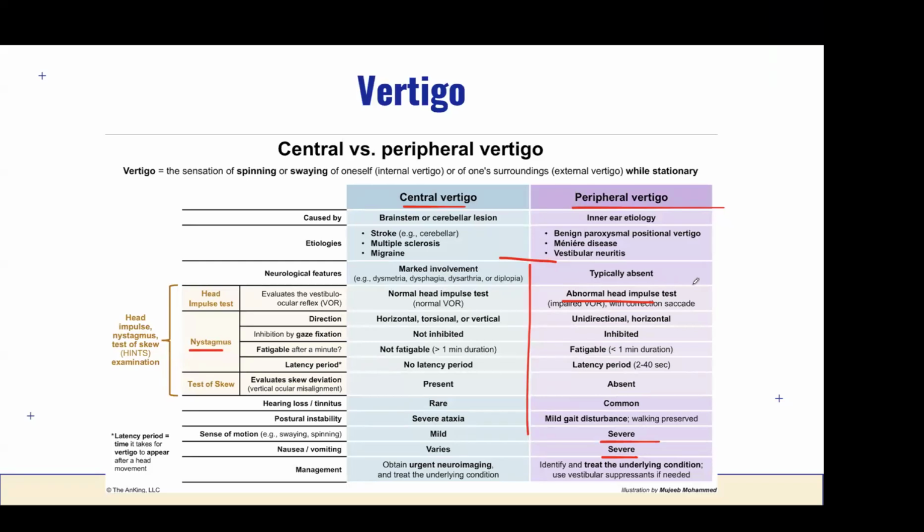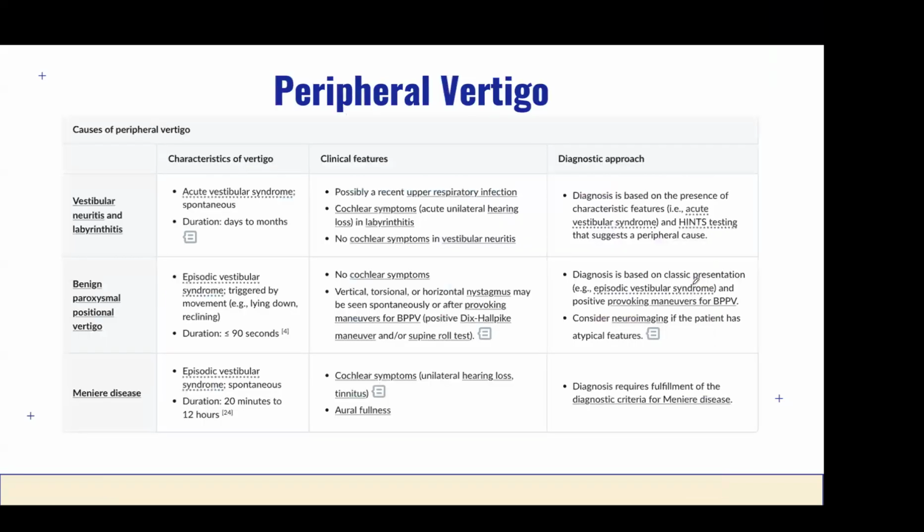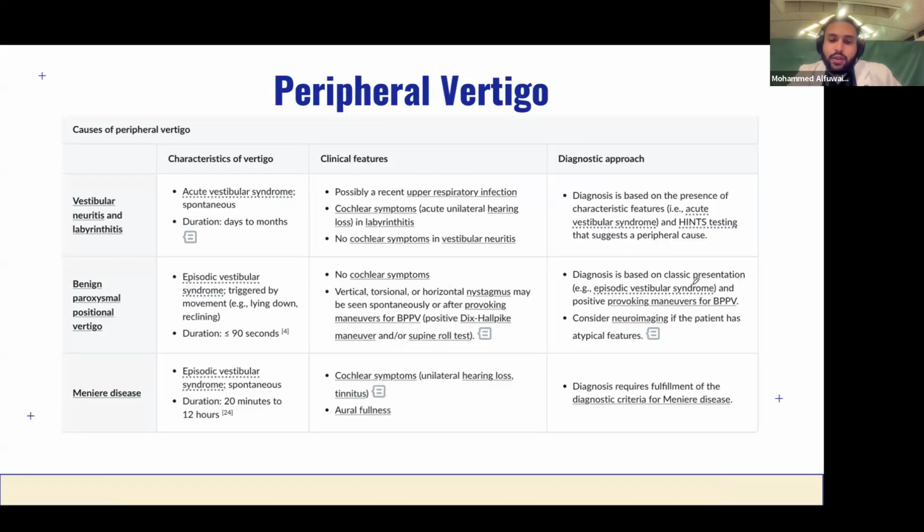So now what you really need to know is the causes of peripheral vertigo. Let's go for the most common, which is BPPV. BPPV is benign paroxysmal positional vertigo, and it's caused by otolithiasis, where the otoliths inside the inner ear are dislodged.